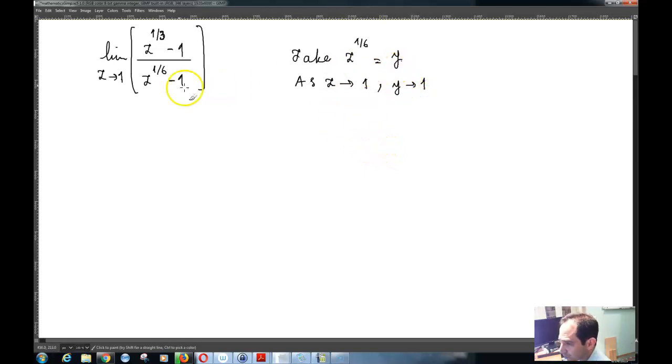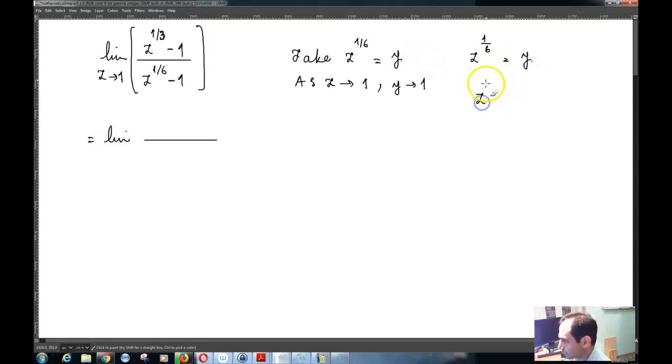So then you can write this as the limit of z raised to the power 1/3 over, now if z raised to the power 1/6 is equal to y, this is equal to y.